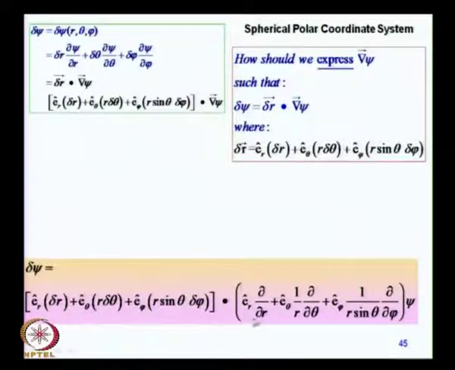Term by term this scalar product gives us what we know must result from the chain rule of ordinary calculus.